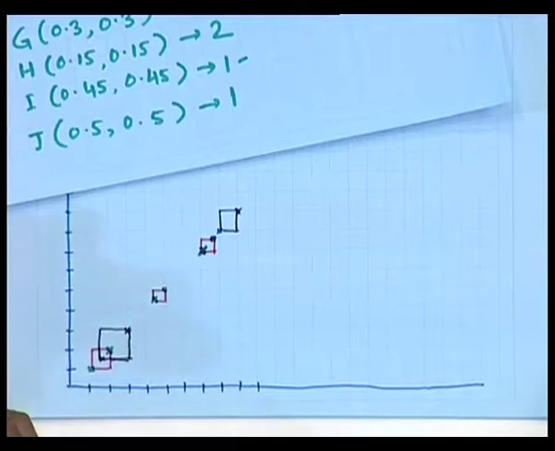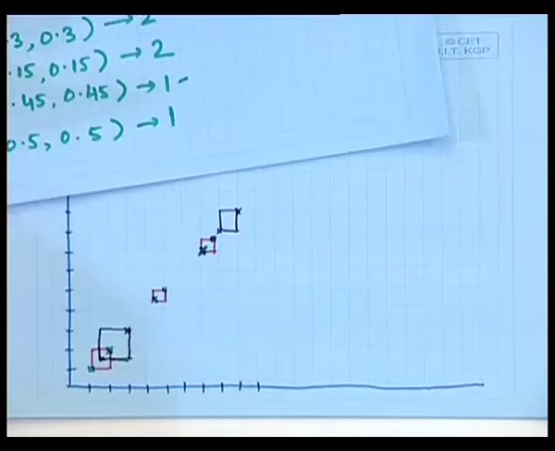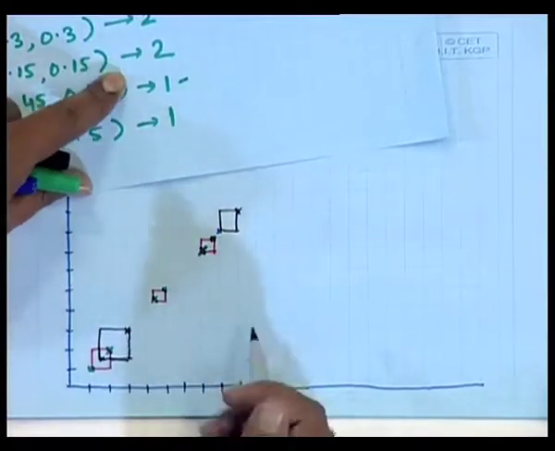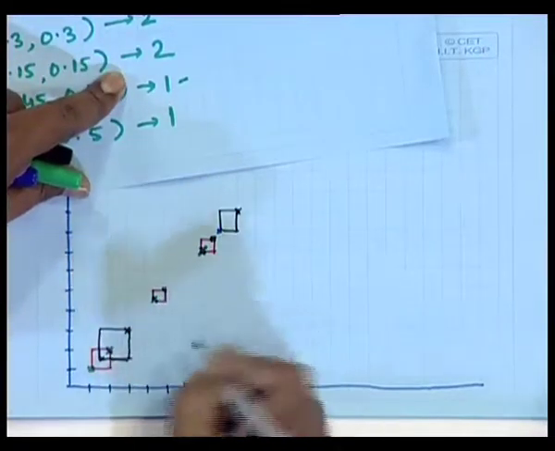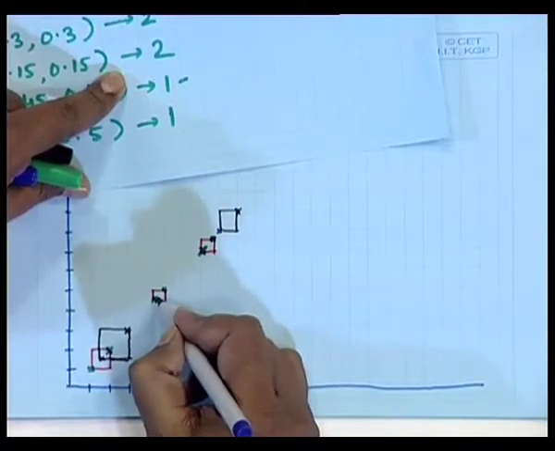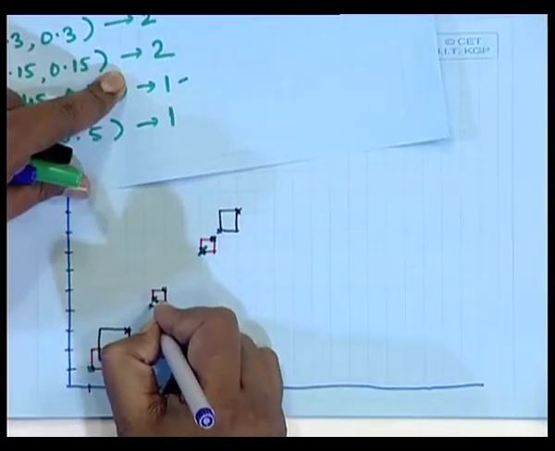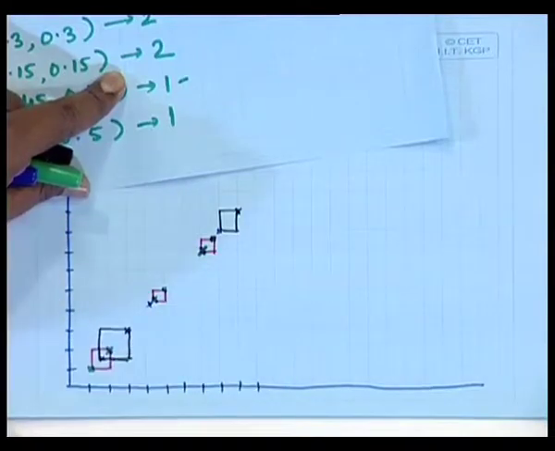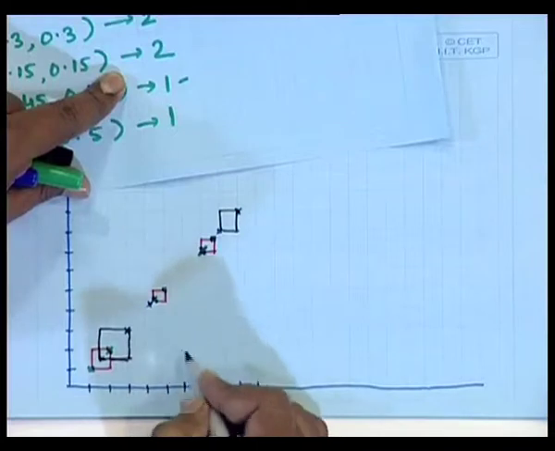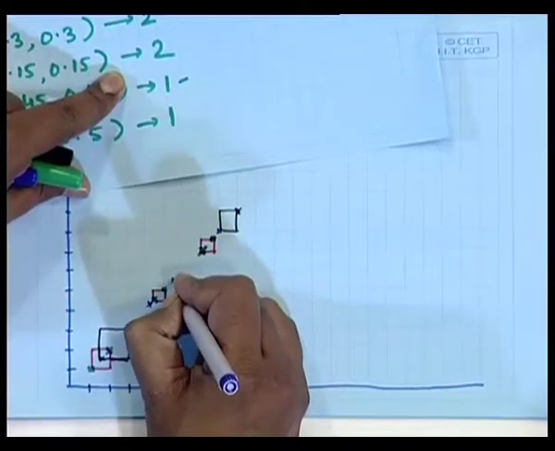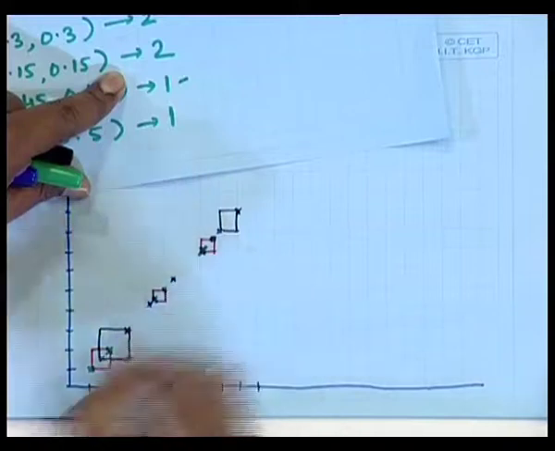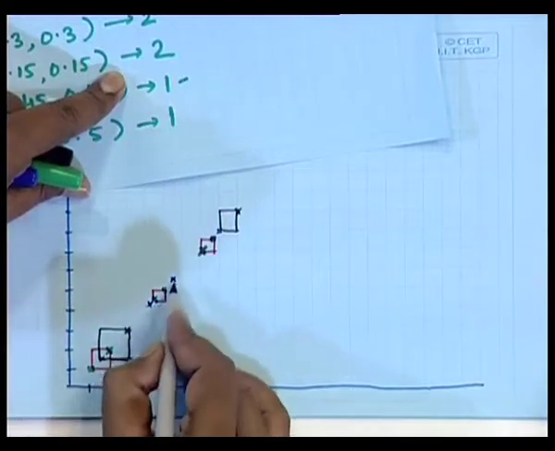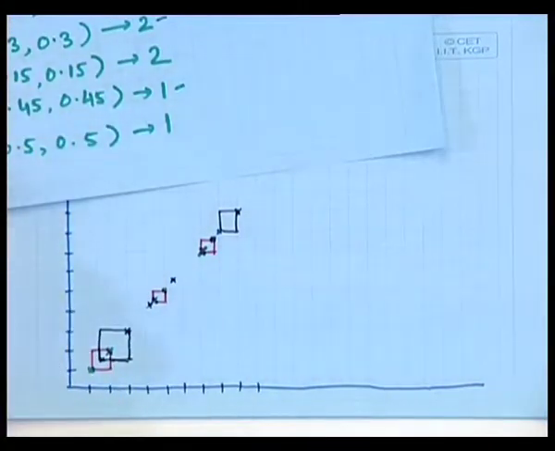And next I have this 0.42, which is, this was 0.45. Okay. So, 0.42 will be somewhere over here, right, and then I have 0.55 which is somewhere over here, and assuming that these two form a single hyperbox. So, I have a situation like this.